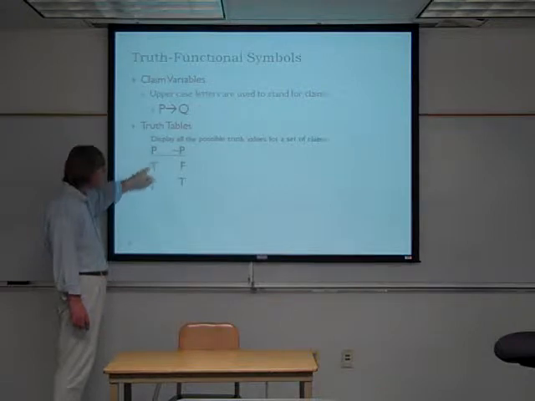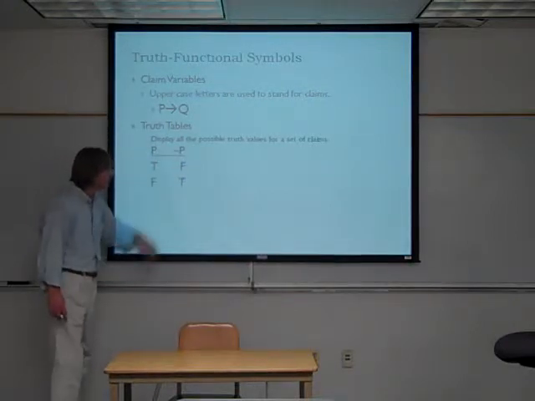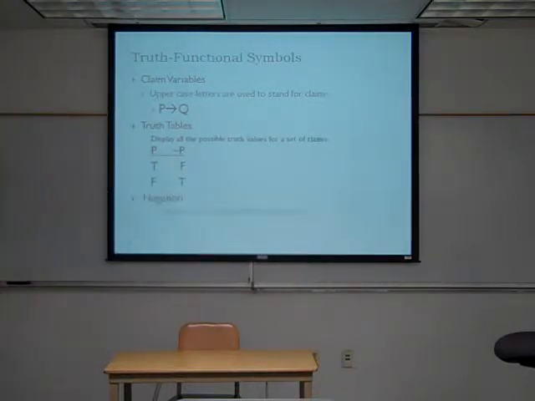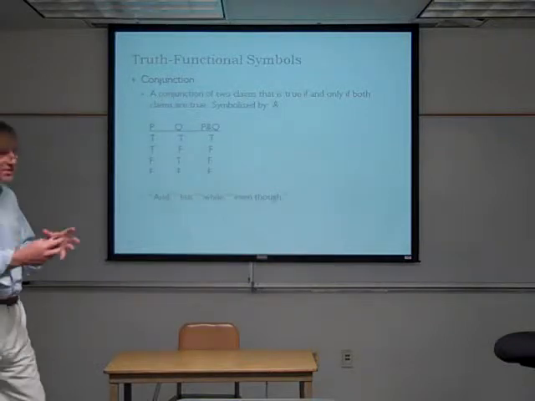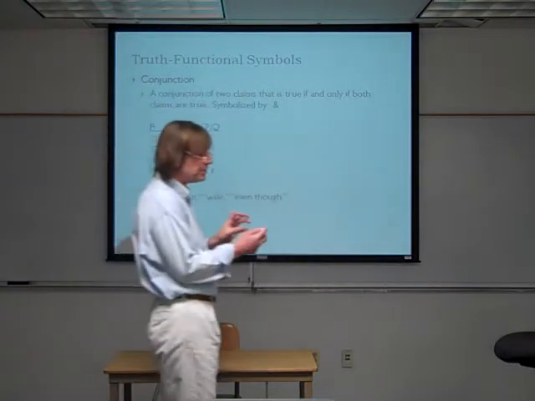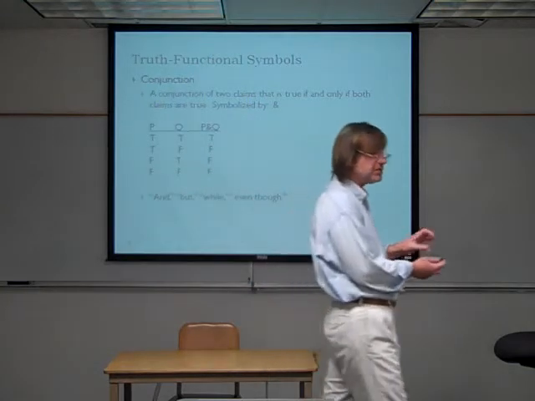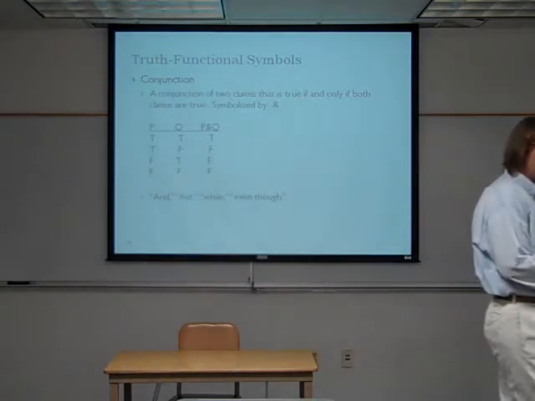And if we make P false, then not P is going to be true. Then we go through a couple different symbols which are going to teach us the logical interrelations between claims that can be developed.